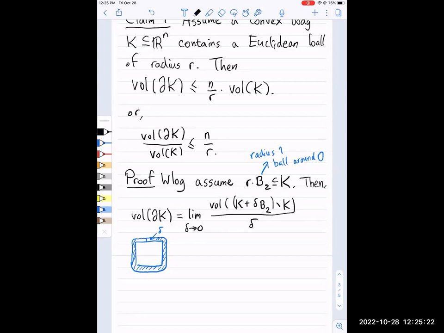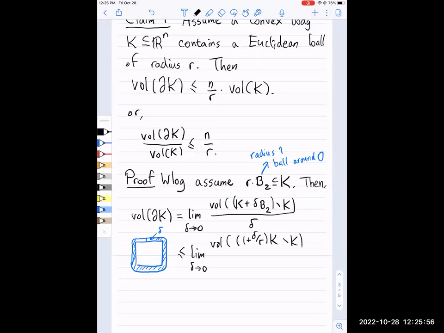So if you believe me on the surface area, I think we can now complete the proof, because instead of adding delta B2, I'm going to add a scaling of K itself, because K contains a ball. So K is only bigger than the ball. So I can bound this from above by 1 plus delta over R K minus K. So I'm replacing a ball of radius delta with my actual body K scaled by delta over R, right?